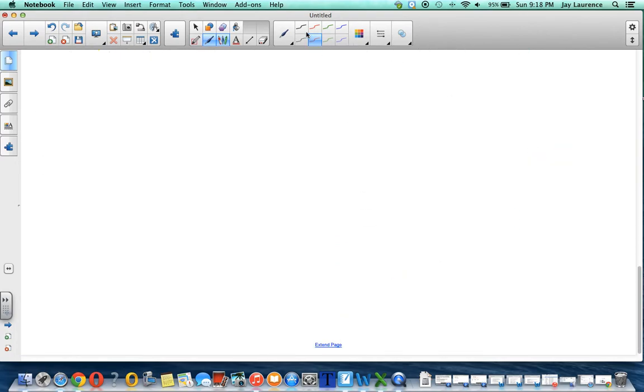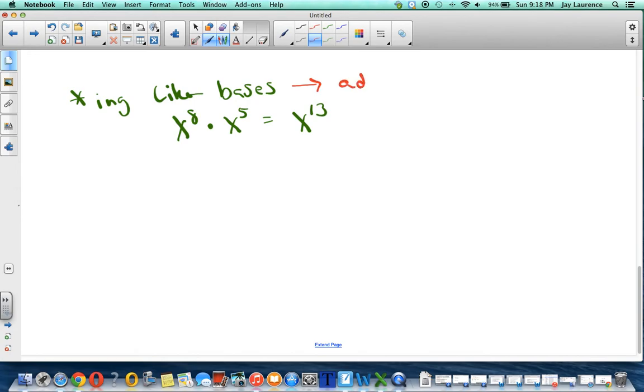All right, so let's recap. If we're multiplying like bases, for example, x to the 8th times x to the 5th, that's going to equal x to the 13th, right? If we're multiplying like bases, we add the exponents.